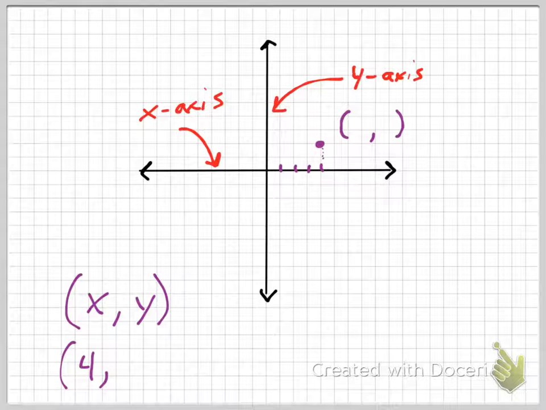Along the x, it lands at 4. Along the y, where does it land? It goes up 1, 2, 3, 4. It lands at 2. So the point that I am showing you right here is (4, 2). Does that make sense?